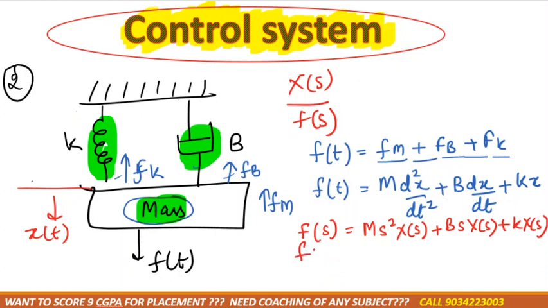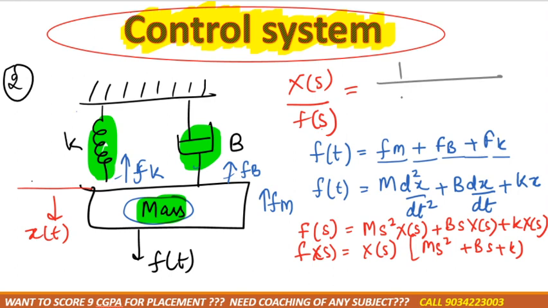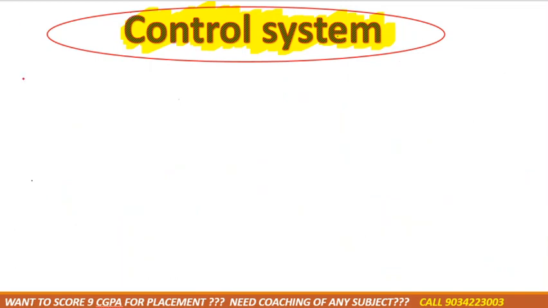If I take x of s common, then it would be ms square plus bs plus k. So x of s divided by F of s, which is what they are asking in the question, will become 1 by ms square plus bs plus k. This is the answer. Now move towards the next question.